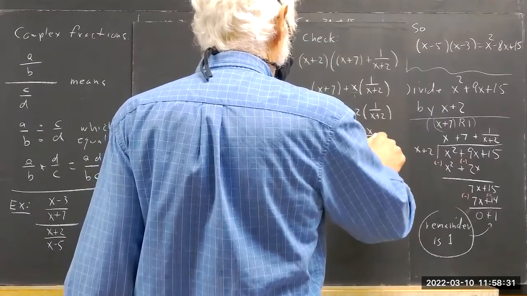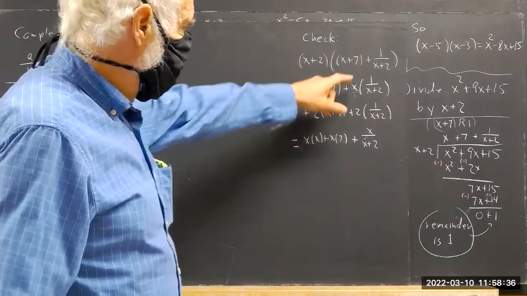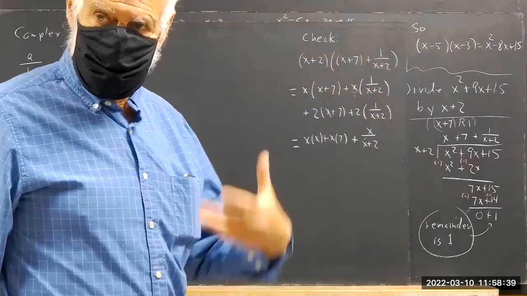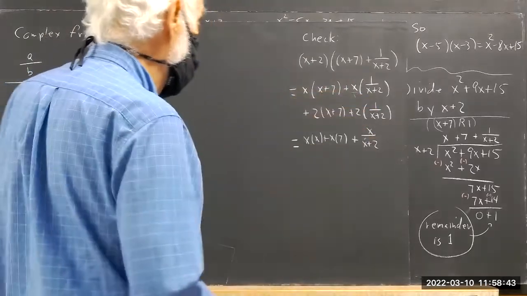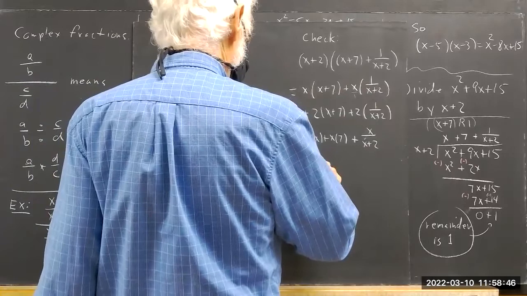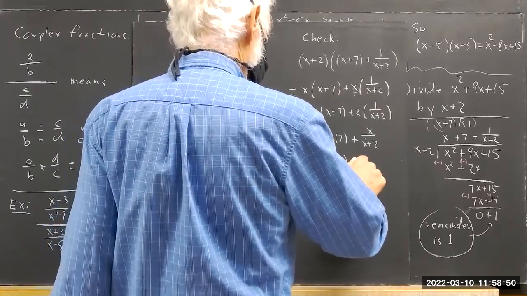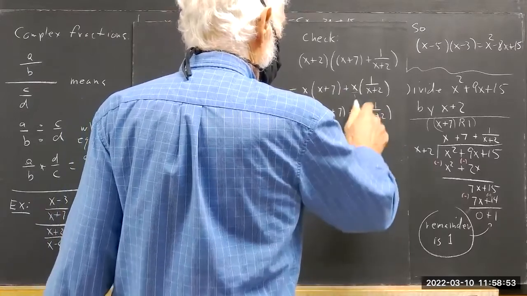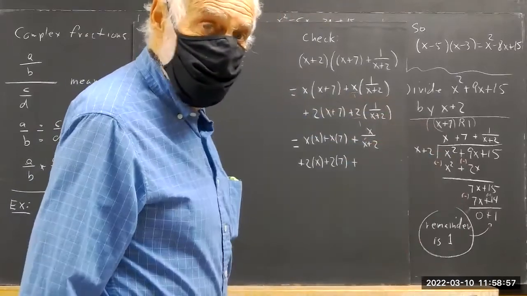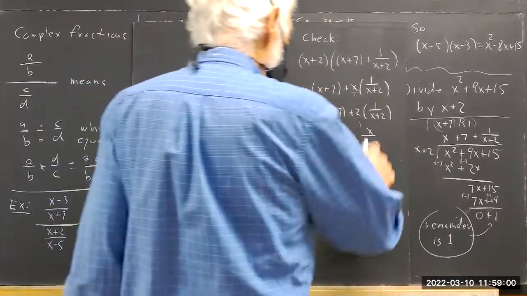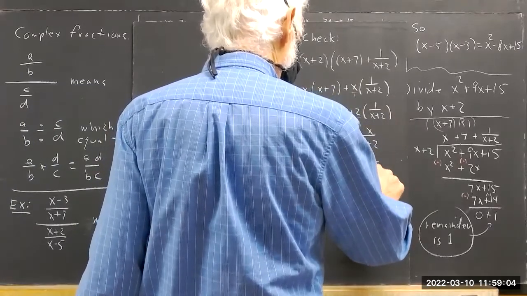That's going to give me x over x plus 2. Again, that's something we've done earlier in the course, so make sure you understand this. And then it's plus 2 times x plus 2 times 7 plus, again, we can write that as 2 over 1 times this. We multiply numerators and multiply denominators just as we did here. We're going to get 2 times 1 is 2, and 1 times x plus 2 is just x plus 2.